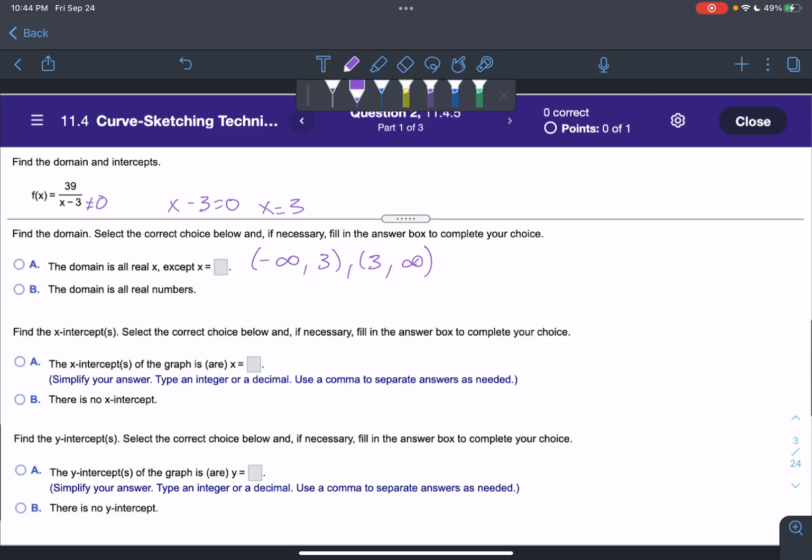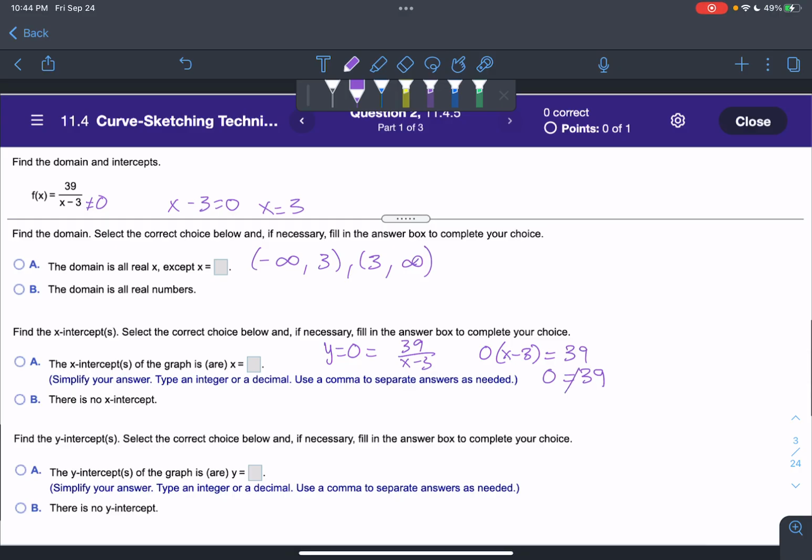Again, for x-intercepts, let's find when y is equal to 0, where y is my function. We can multiply both sides by that x minus 3 to get rid of it. And notice that there are no x-intercepts, right?